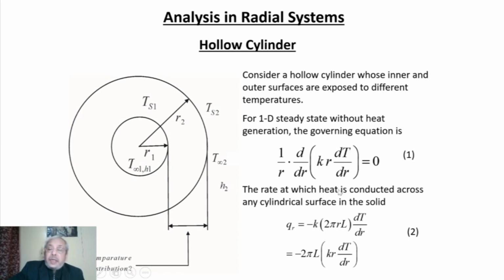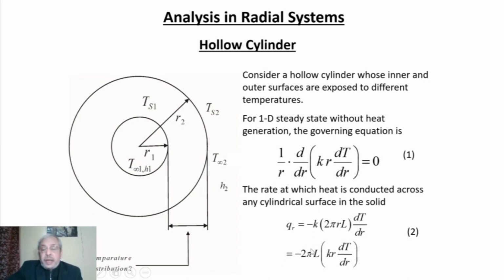The rate at which heat is conducted across any cylindrical surface, anywhere, if we consider the cylindrical surface at any radius, the area is given by 2 pi r into L, where L is the length of the cylinder. So Qr is minus k 2 pi r L, that is area, into dT/dr. It is plain and simple Fourier's law.